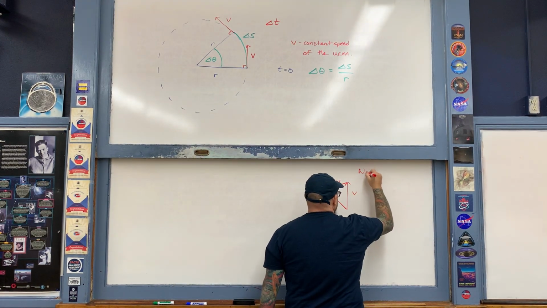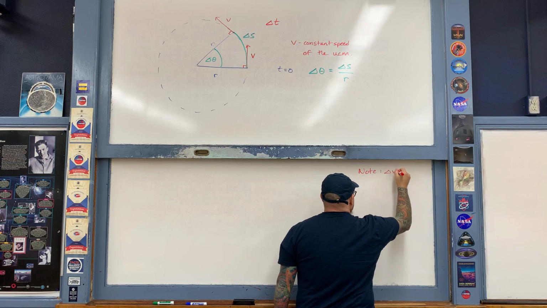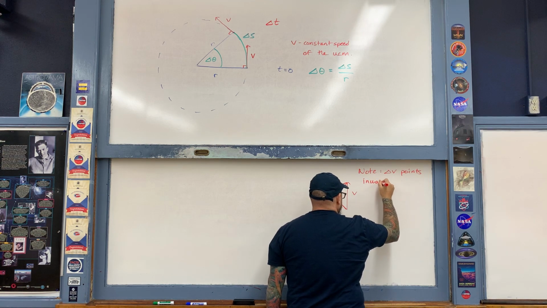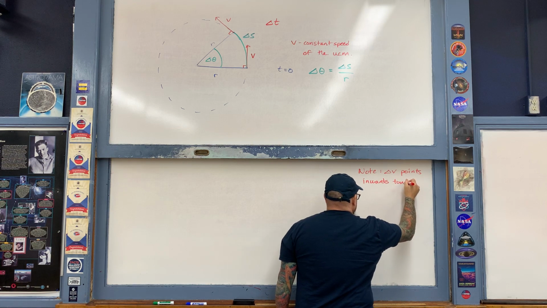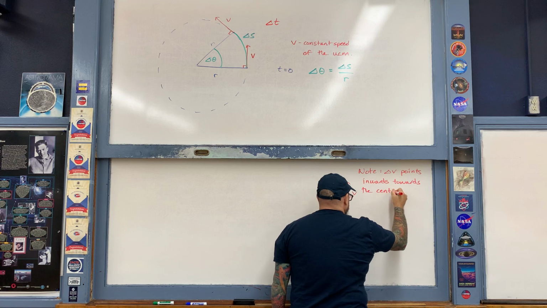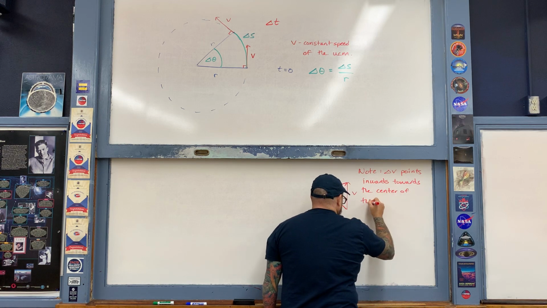So let's note that delta v points inwards towards the center of the circle.